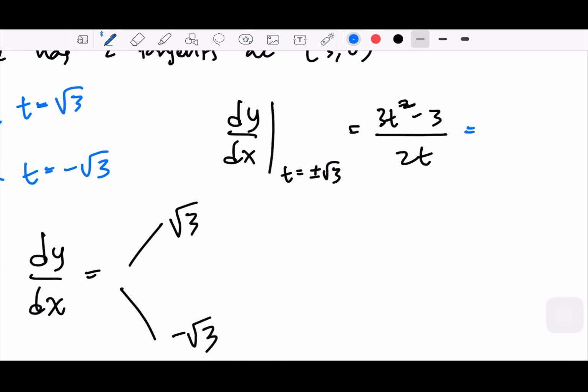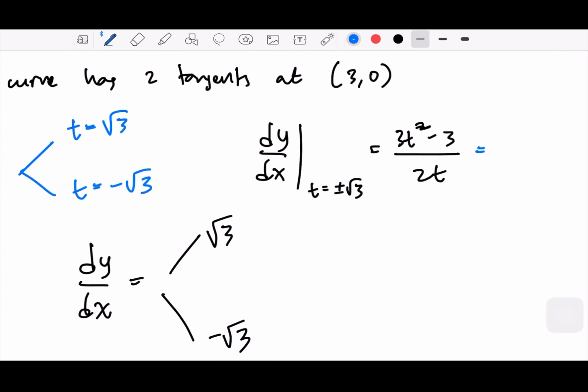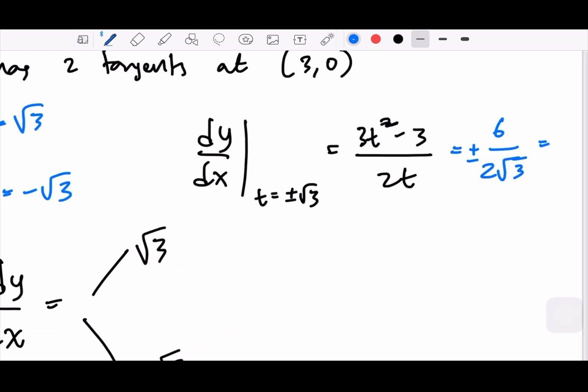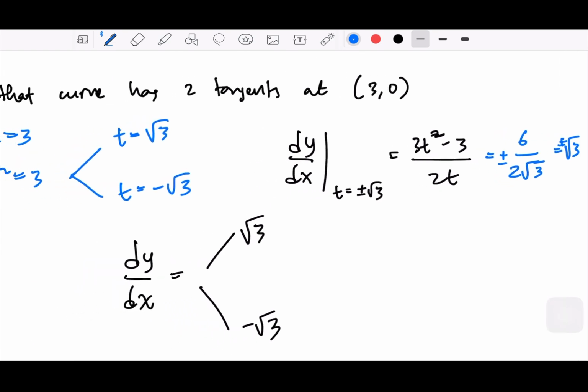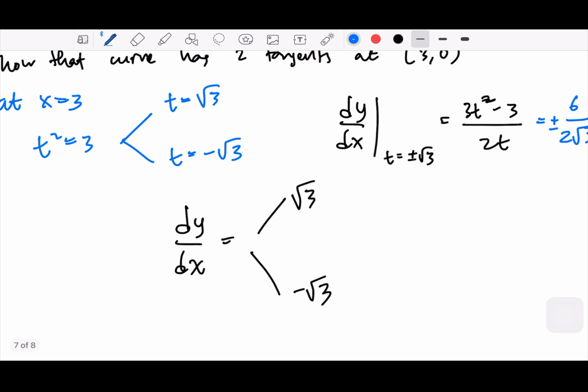You can input plus minus square root of 3. So that's why we have these two slopes for the equation of the tangent line.